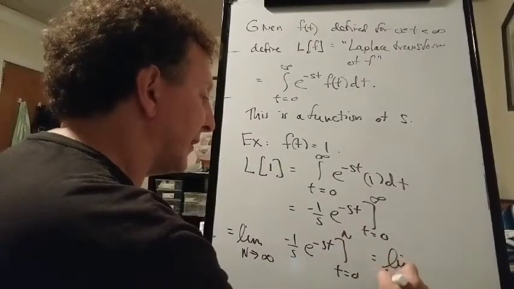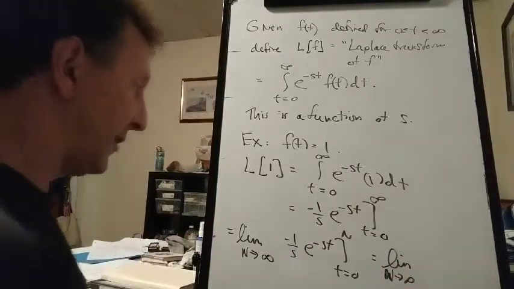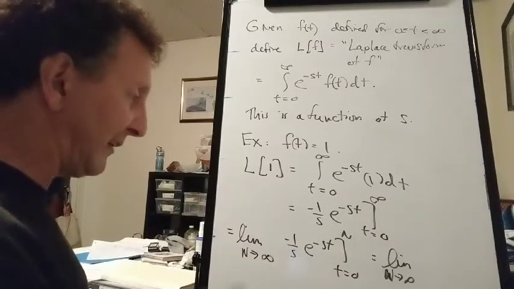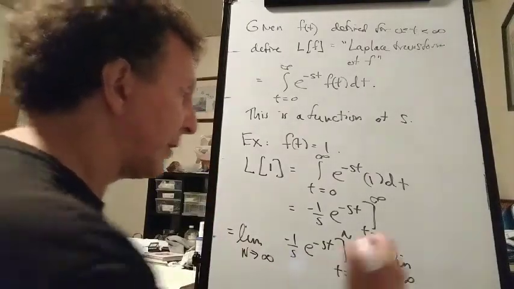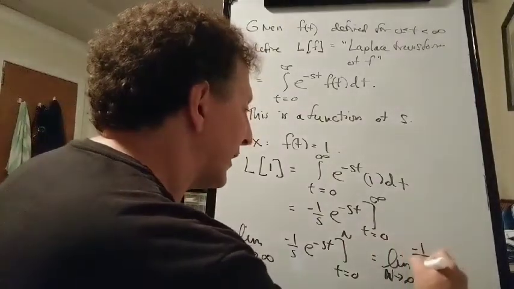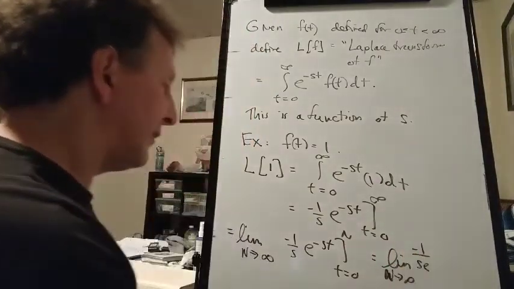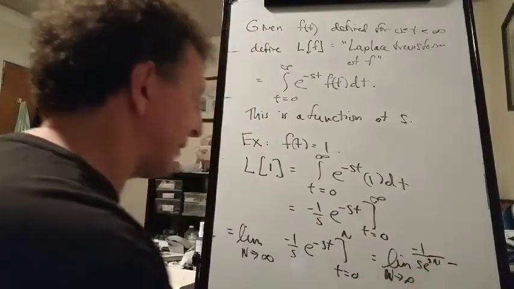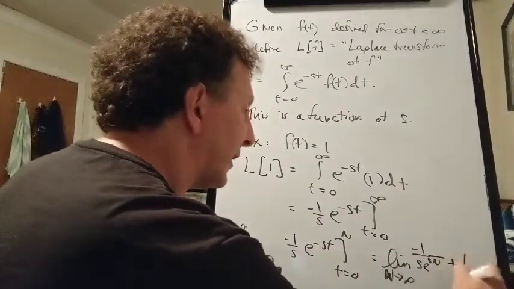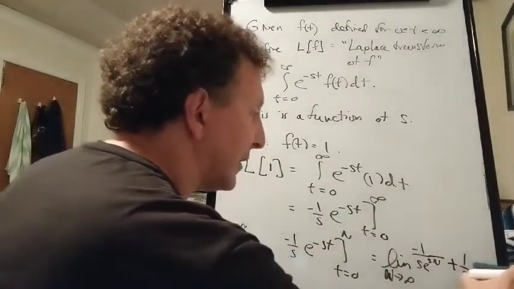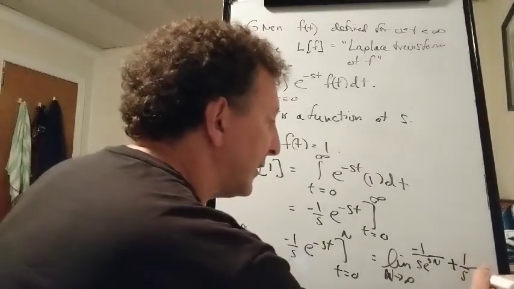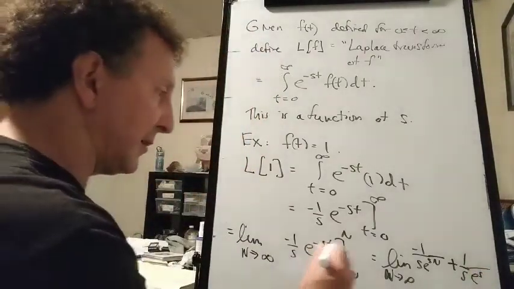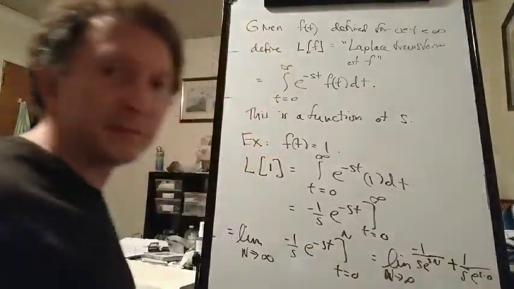Which is the limit as n goes to infinity of, let's see, maybe it'd be easier if I wrote this as negative 1 over s e to the s capital N, minus negative 1 over s times e to the s times 0, with the exponential in the denominator.